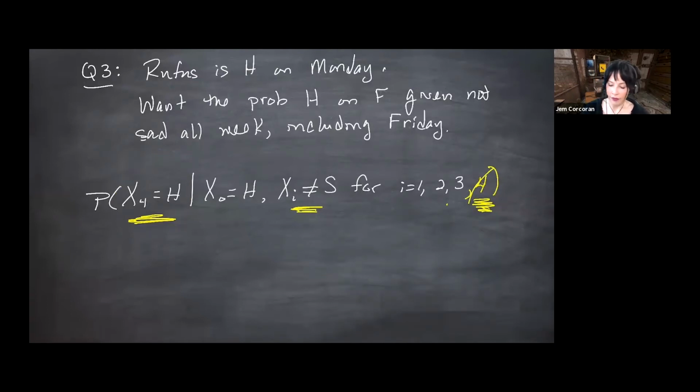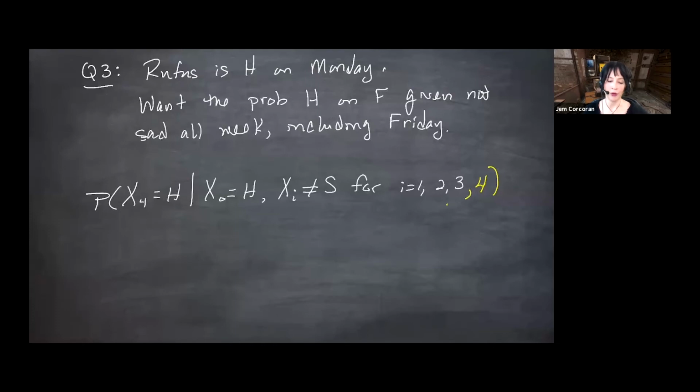But if we are given that we are not sad on Friday, then we only have 2 possibilities for Friday, happy or okay. So we've increased those probabilities. So we expect this to be larger than what we got in question 2, although I didn't take it to its numerical conclusion.